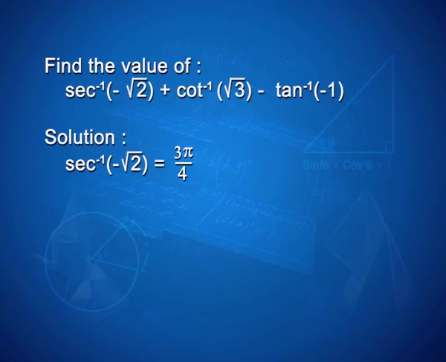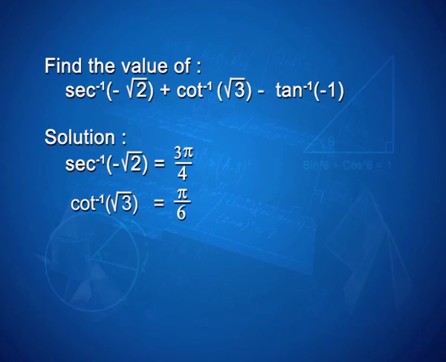I am looking at the first and the second quadrant except for pi by 2. Sec y will be negative in the second quadrant, and therefore, y must be pi minus pi by 4, which is nothing but 3 pi by 4, and therefore, the principal value of sec inverse minus root 2 is 3 pi by 4.